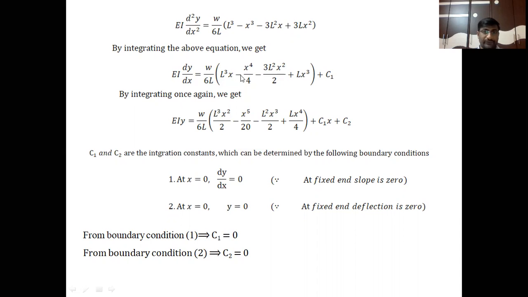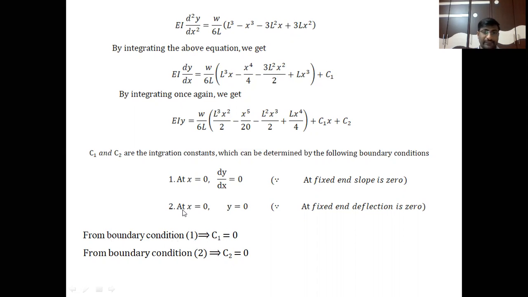So when x is 0, all these parameters are 0. So w by 6l into 0 is 0. And left hand side dy by dx is also 0. Therefore, c1 value is 0. So from the boundary condition 1, c1 is equal to 0. The first integration constant will be eliminated.